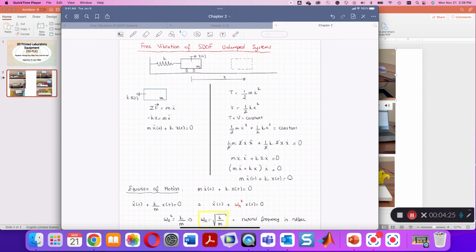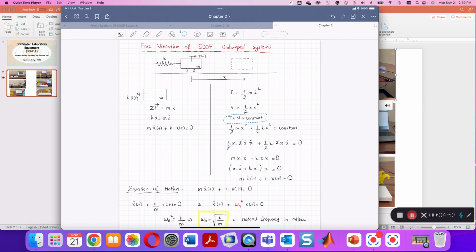We can get to the same equation by applying energy conservation. The total kinetic energy plus the total potential energy should be constant during the motion. The kinetic energy is due to the mass, which is 1/2 m times x dot squared, where x dot is the speed of the cart, and the potential energy is due to the spring, so it should be 1/2 times k times x squared.